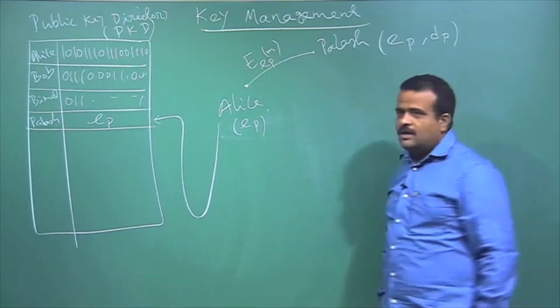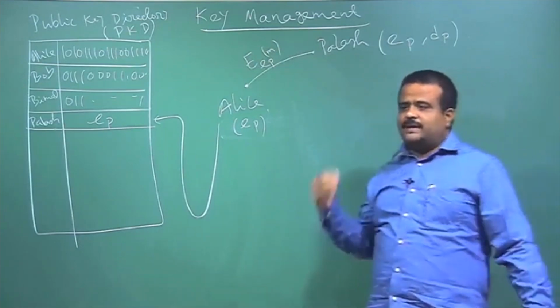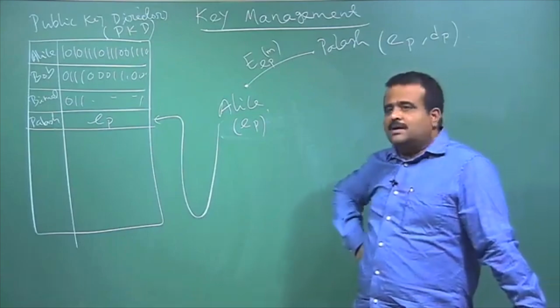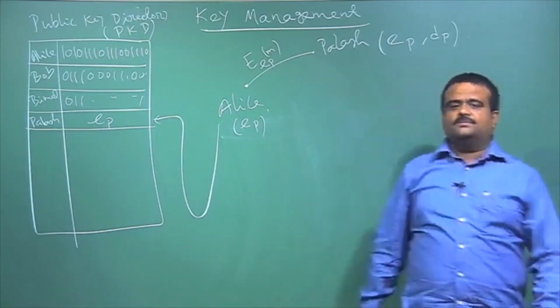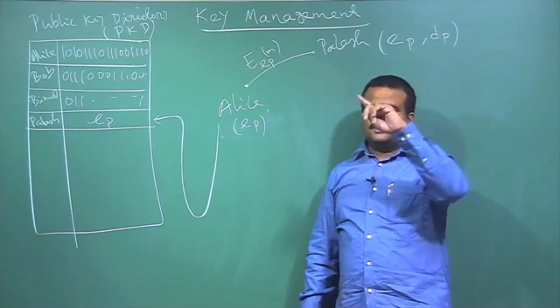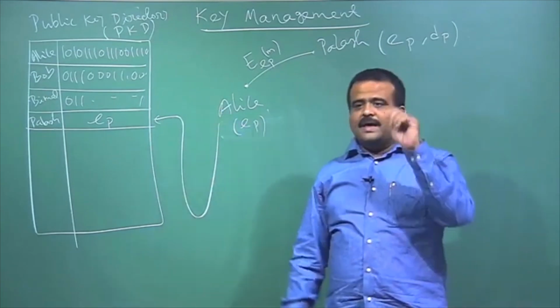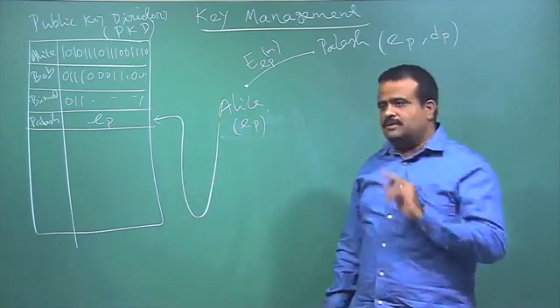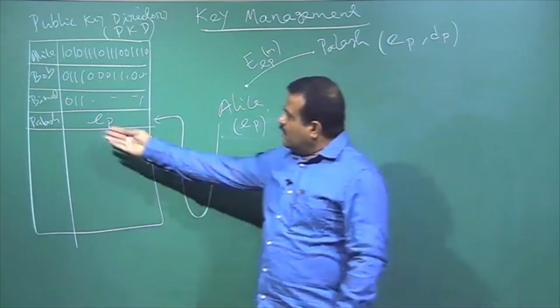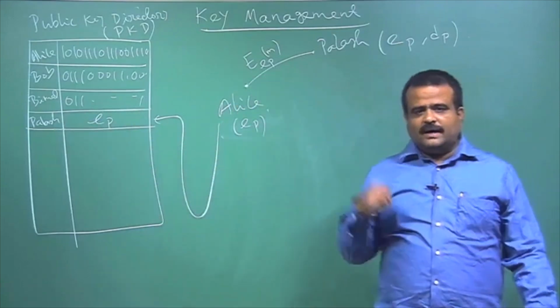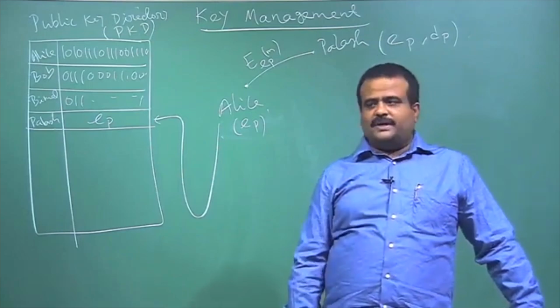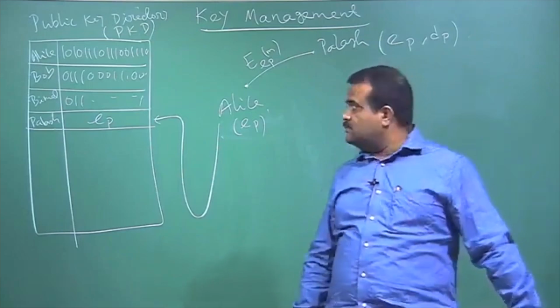So, this is the way we have to get the public key of the receiver. The sender will access that public key directory, go to the corresponding field where the receiver's public key is, get it, encrypt the message using the receiver's public key and send the ciphertext to the receiver.